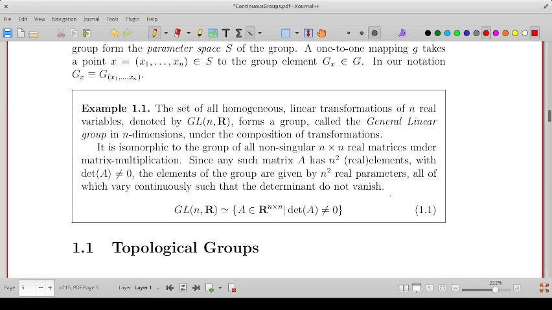Now we will consider another example of a continuous group, which is called the general linear group. And this is the set of all homogeneous linear transformations of n real variables. So that means we have n real variables denoted by y1, y2, etc. up to yn, and we consider linear transformations of these.